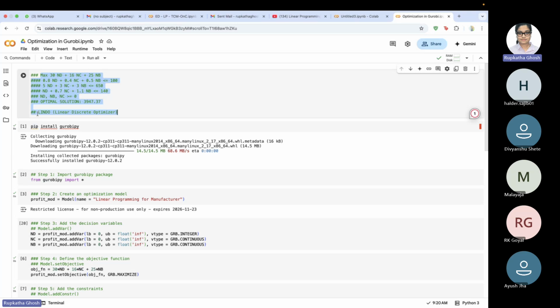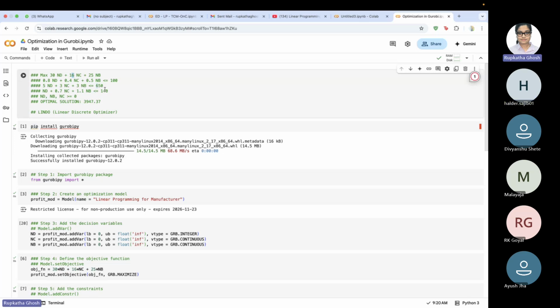So this was already specified in the question: the profit associated with producing the number of desks is 30 rupees, and with the number of chairs is 16 rupees. So this data you will already get from your case study or whatever your business scenario is. So all this was specified. Then I build this constraint like 0.8 into 8 and greater than or equal to 100.